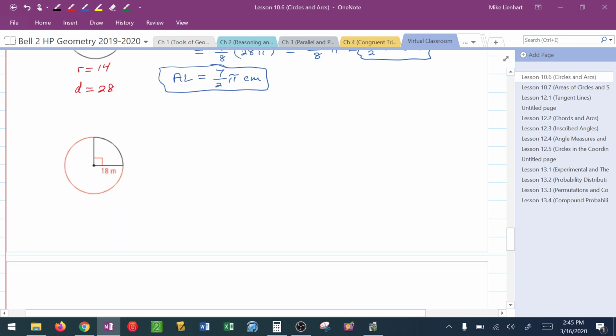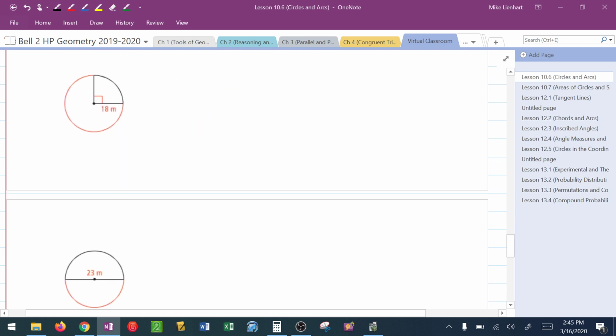All right, take a look at the next one. Now notice in red here, they gave us a bigger arc. So I'm going to have to do a little bit of thinking here. The first thing is they give me a radius of 18. I don't want the radius, I want the diameter. Diameter would be 36. Got it. Okay. I know that this red arc is actually 270 degrees.